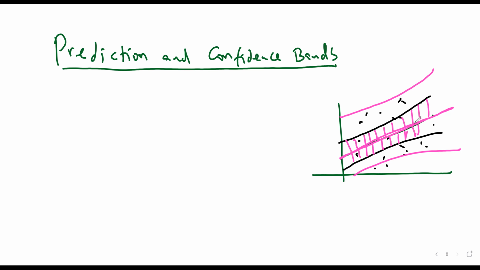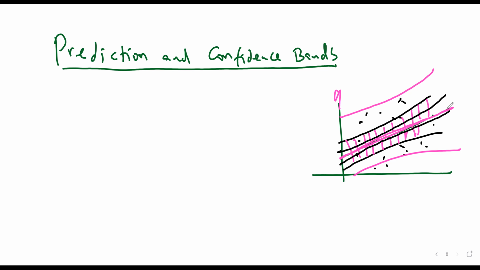Now, the narrow bands, also known as the confidence bands, reflect the uncertainty around the fitted line. If there are many observations, the band will be quite narrow. If your sample size is large, then these black lines will be very close to the fitted line, meaning that the fitted line will be well determined.